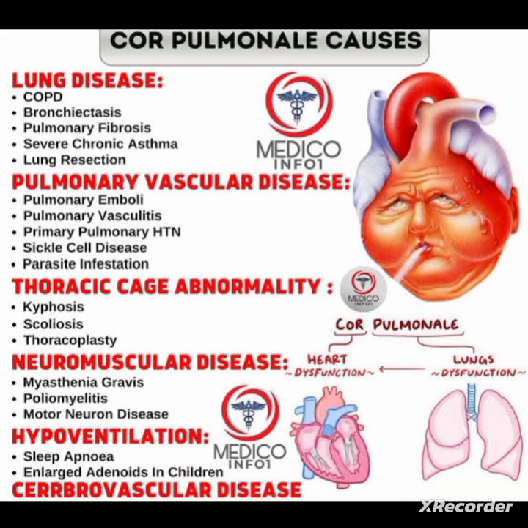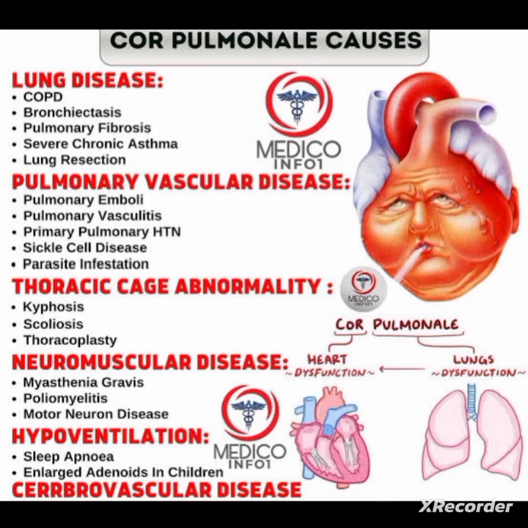Then pulmonary vascular diseases: pulmonary emboli, pulmonary vasculitis, primary pulmonary hypertension, sickle cell disease, and parasite infestation. So pulmonary vascular disorders are everything related to the lung and its vasculature.